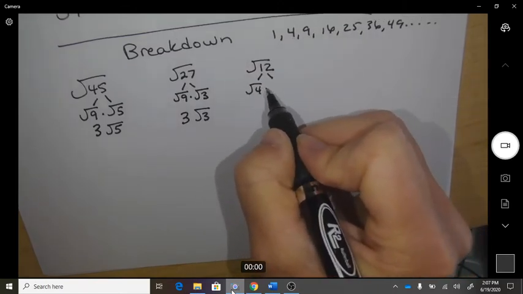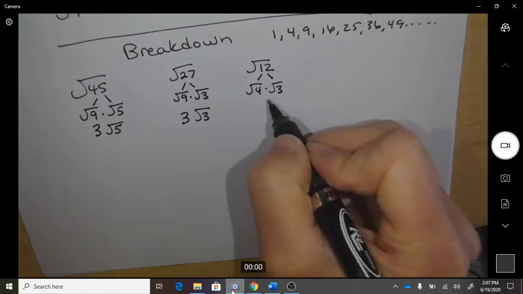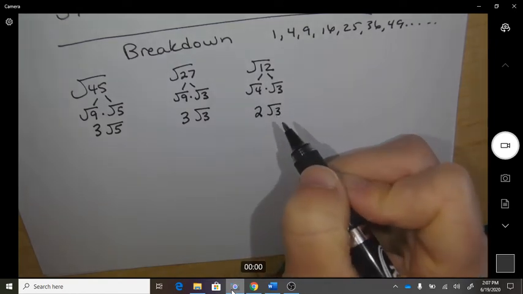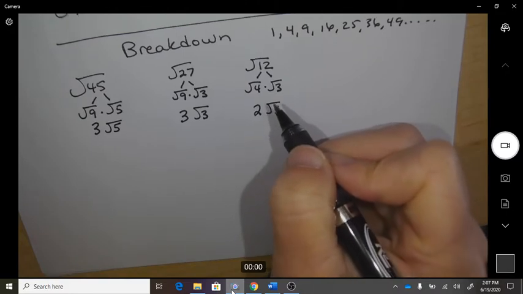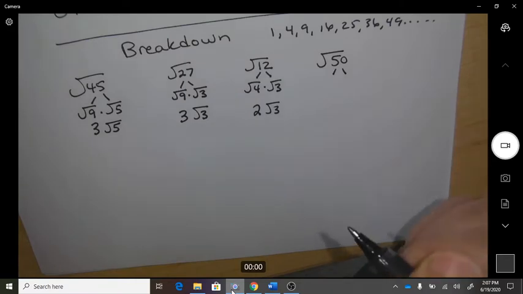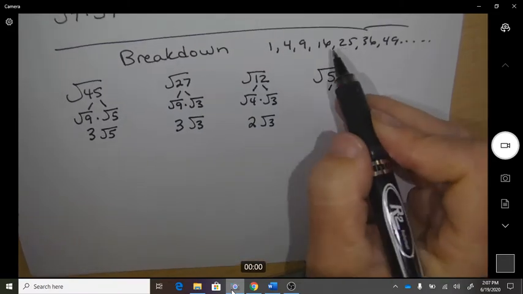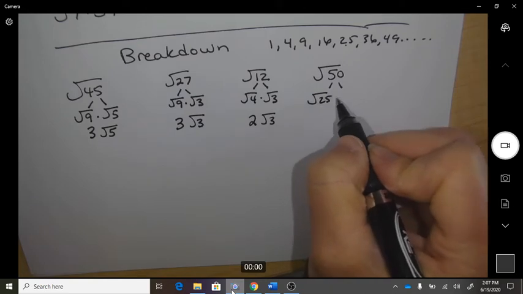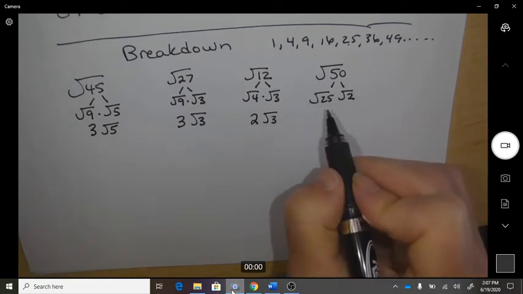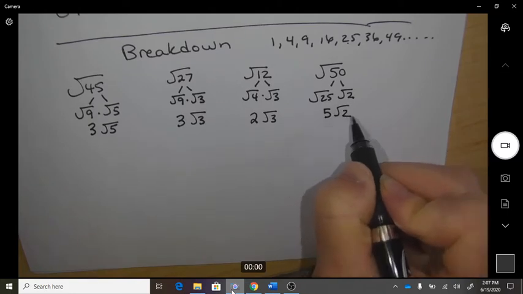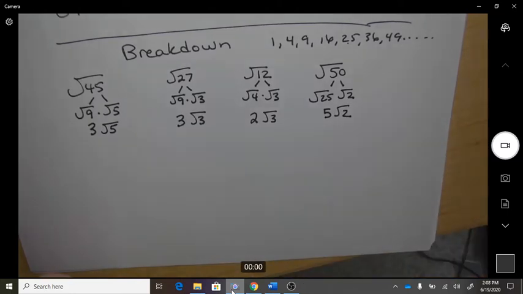So root 4 times root 3, and then root 4 is 2. Root 50, so root 50 can be divided by 25. Root 25, root 2. Root 25 is whole number 5, and then 5 root 2.